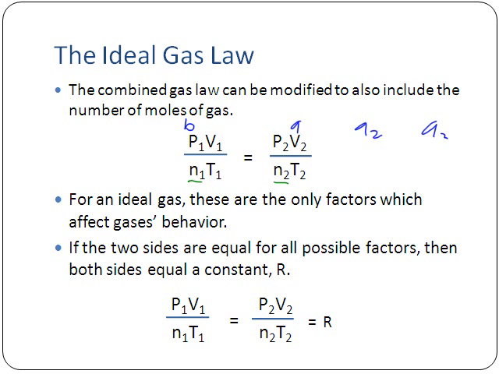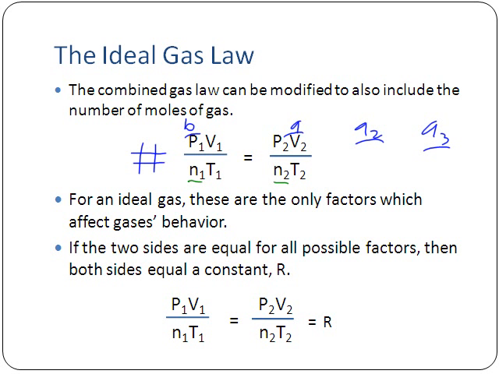It's always going to equal the same thing. All these things are equal. The original before, and the after 1, and the after 2, and the after 3, they're always equal to some number. And so if they're always equal to some number, then that means we can say that for any possible set of conditions of pressure, volume, number of moles, and temperature, doesn't matter what they are, they're always equal to some number, which is going to be basically a constant.